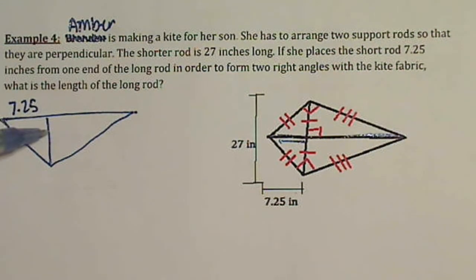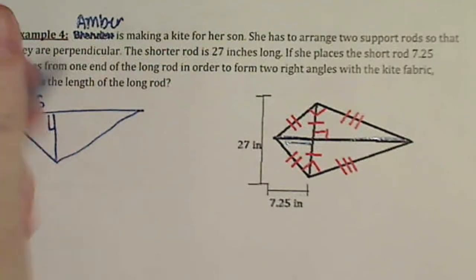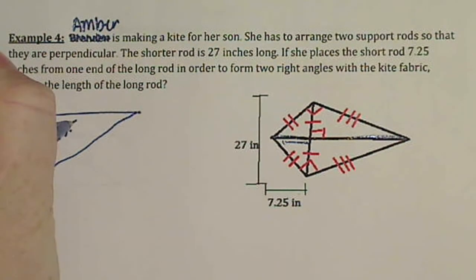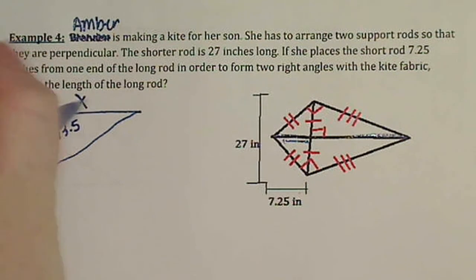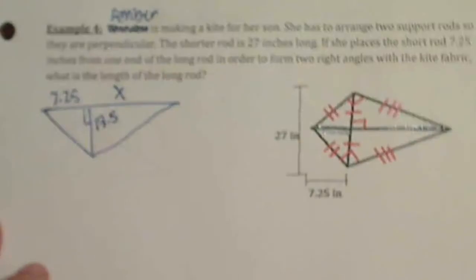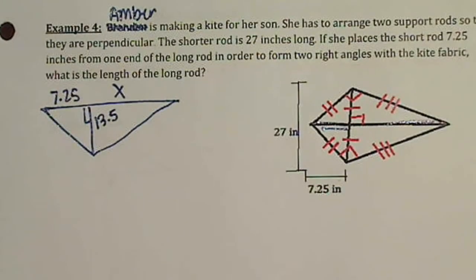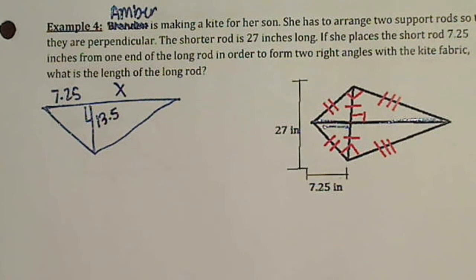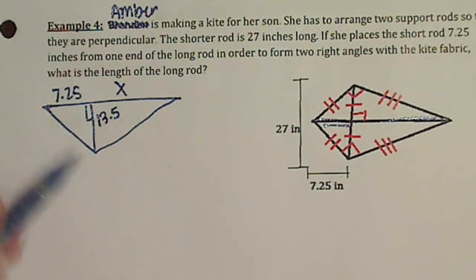Now, this altitude right here, it's half of 27. So I have to think, how much is that? And that is 13.5. What I want to find is the whole length. So think about what we did. We used geometric mean to find the altitude.